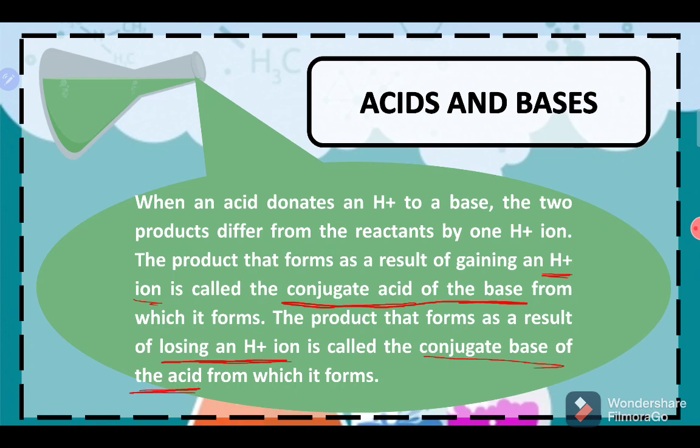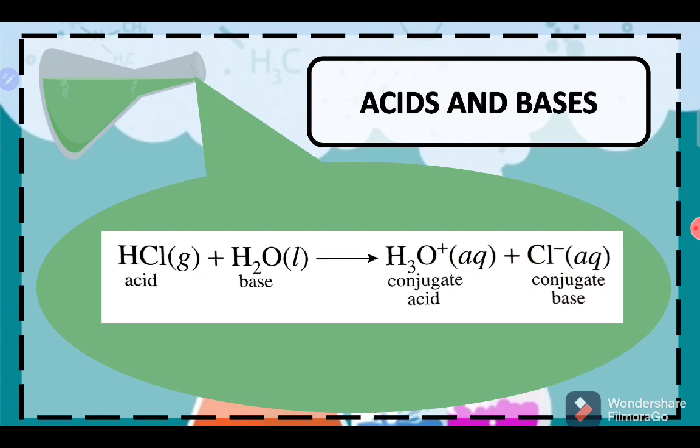So let's have this example. HCl is an acid and H2O is a base in this reaction. As HCl donates its hydrogen ion to H2O, it will create hydronium ion, and it will also create a chloride ion.